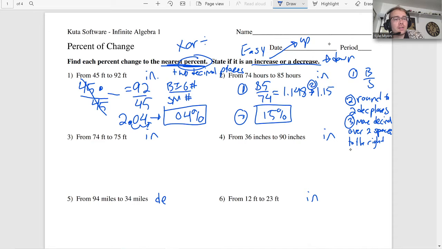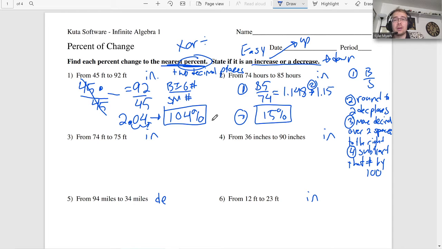I forgot that when we're estimating the change, we actually want to do one more step. So I'm going to add one more step to this. Once we do that last step, we're going to subtract 100 from that number. Okay? So it was 204, now it's going to be 104. This was 115, now it's going to be 15.